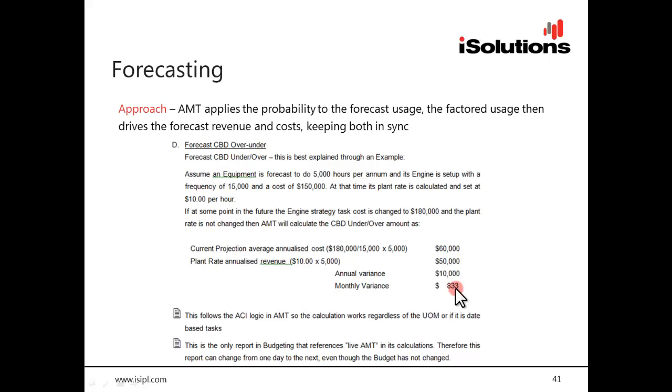That 833 will be highlighted as a separate line on your forecast P&L under that heading of forecast CBD over and under. So again, it is quite a powerful number to be looking at, because it gives you a good indicator as to whether your plant rates are in line with your maintenance schedules.